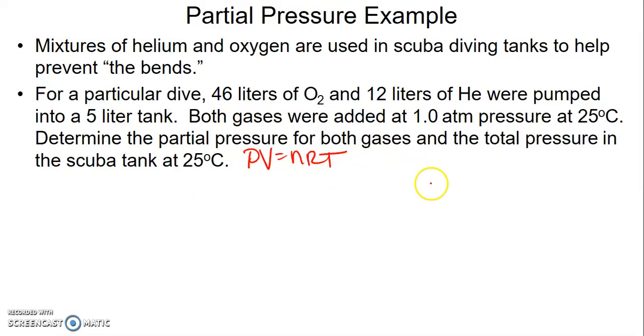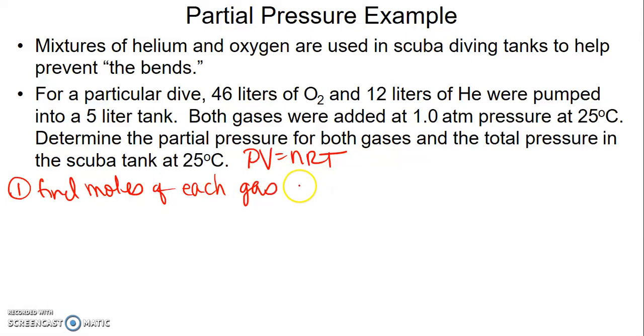We're going to start by finding the moles of each gas individually, so before they were pumped into that 5-liter tank, just how many moles of gas we had. In order to do that, we're going to use the ideal gas law.